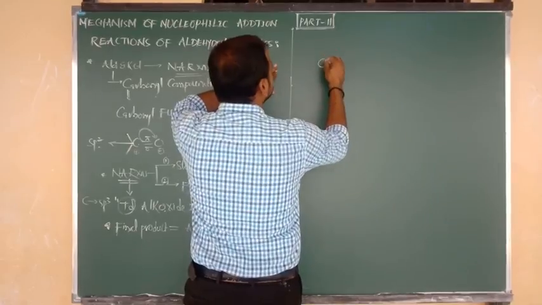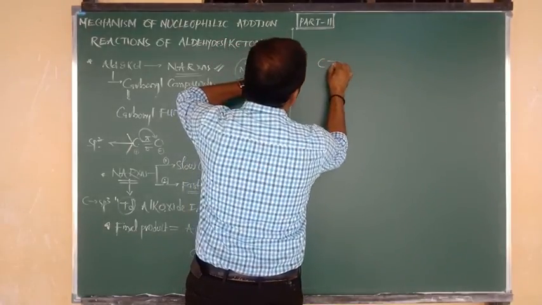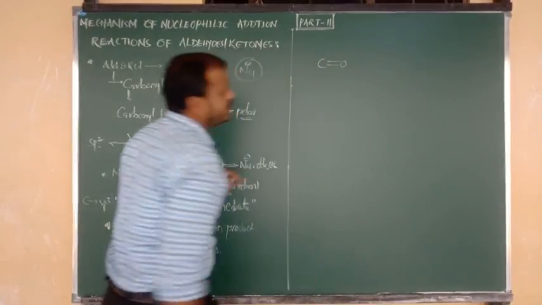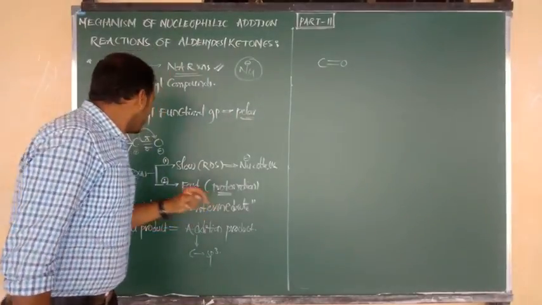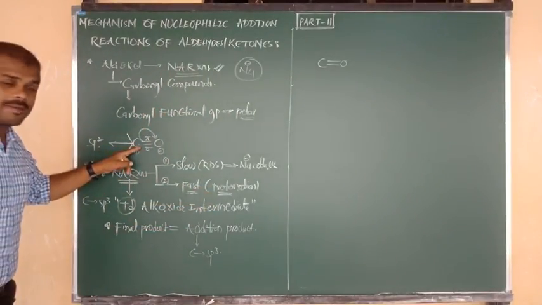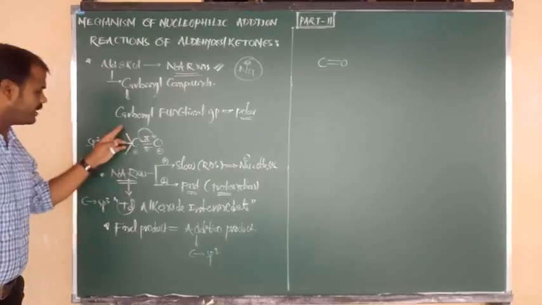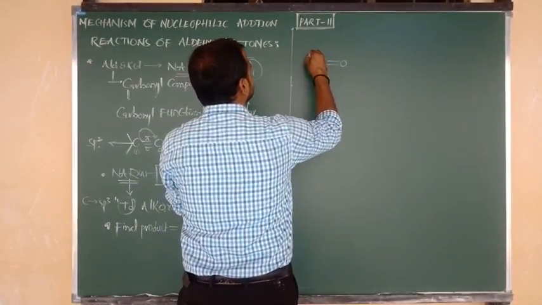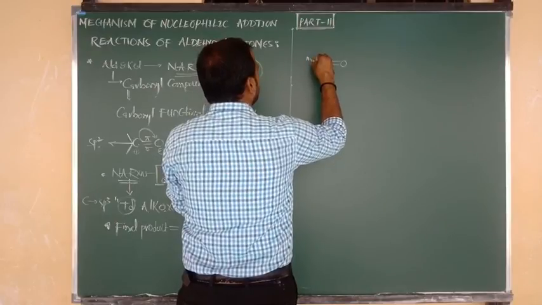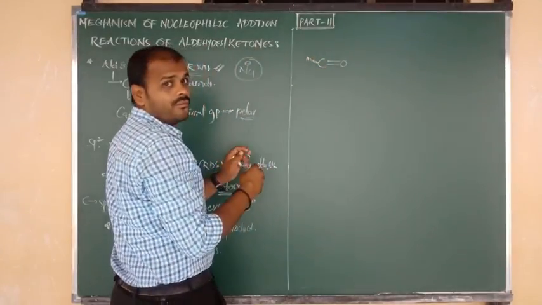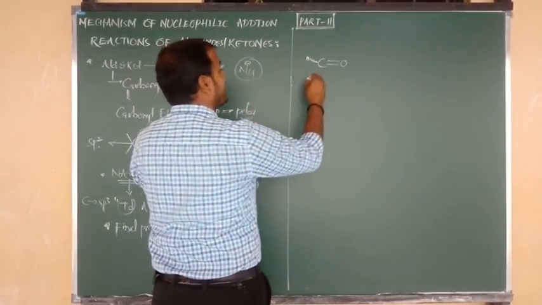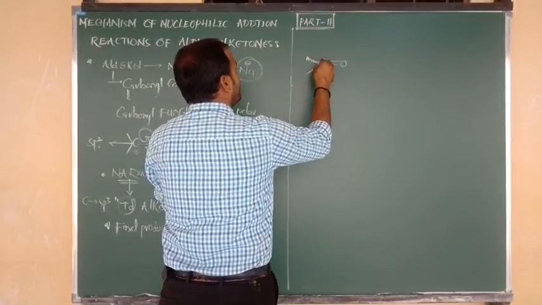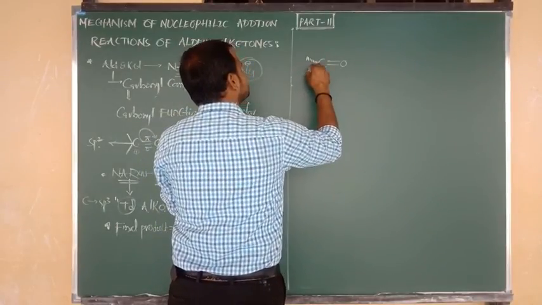Suppose carbon on one side contains a double bond to O, which I have written here. And here carbon contains a total of 4 valencies, 2 bonds covered with oxygen, and the remaining 2 bonds will be here. Suppose of the 2 bonds, one bond is shown by dashed lines, and one more bond I am going to show by thick lines.